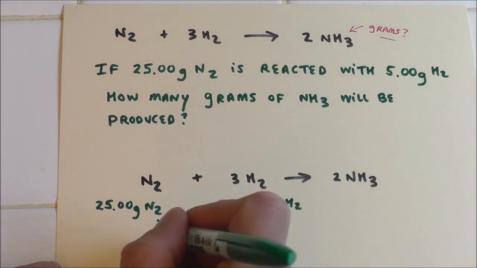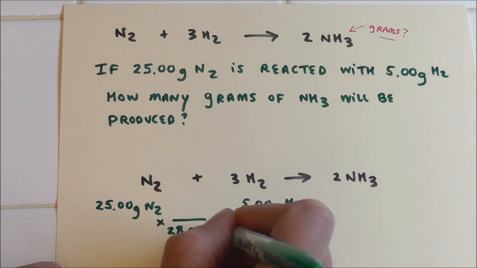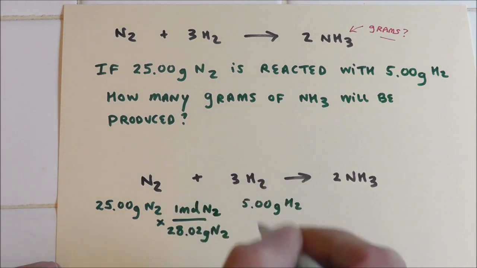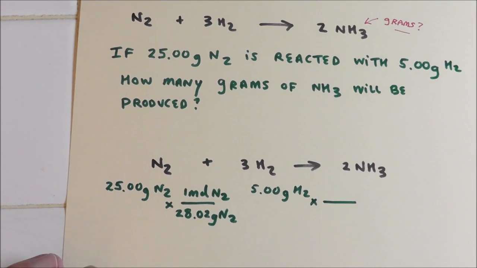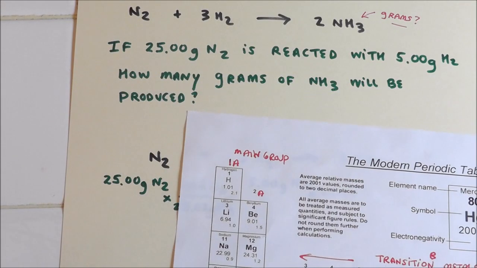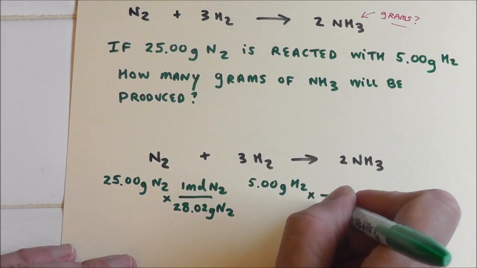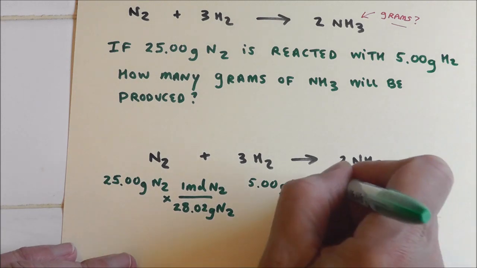N2 is part of our last problem. 28.02 grams of N2 is a mole of N2. H2 is 1.01 apiece in the periodic table of the elements, and there are 2 of them, so 2.02 grams of H2 is 1 mole.